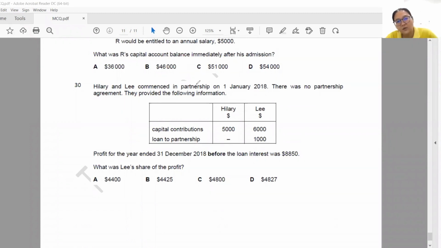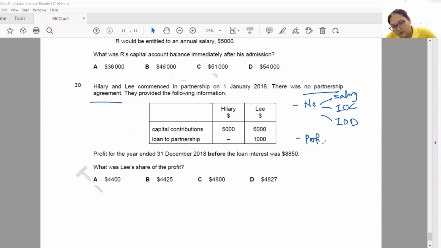Hillary and Lee commence a partnership on 1st January. There was no partnership agreement. When there is no partnership agreement, there is no salary, no interest on capital, and no interest on drawing.